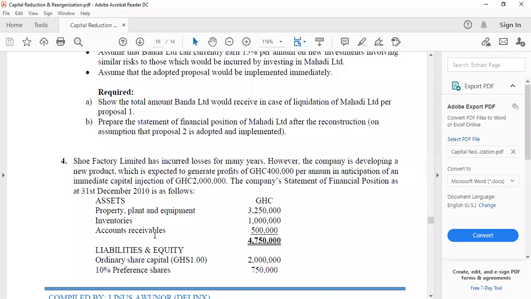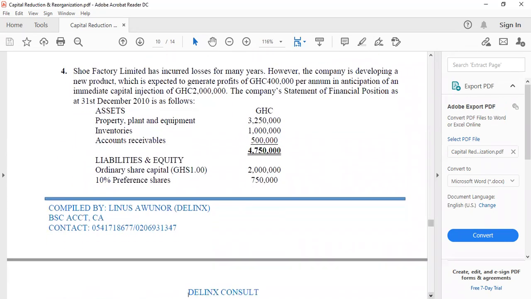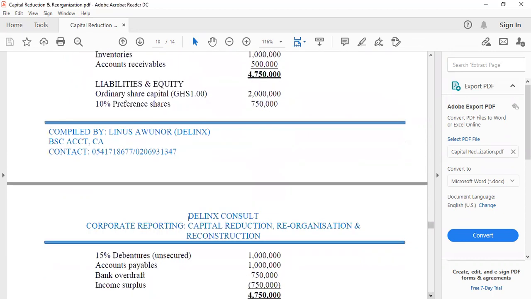Assets: PPE, 3,250,000. Inventories, 1 million. Account receivables, 500,000. Total, 4,750,000. Liabilities and equity: ordinary share capital at 1 cedi, 2 million. 10% preference shares, 750,000. 15% debentures unsecured, 1 million.